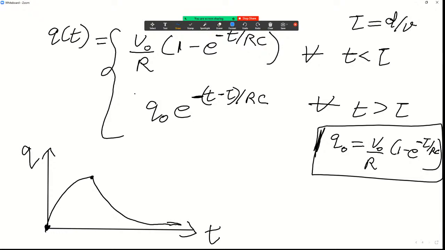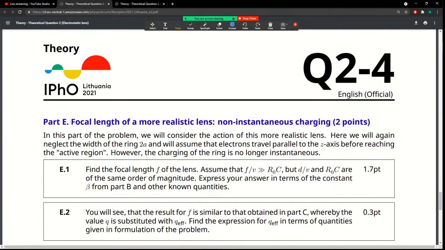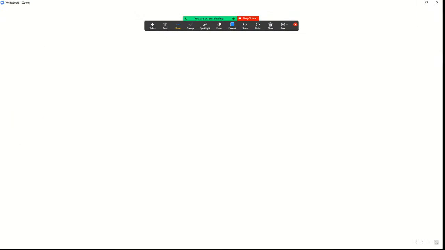Okay, no one's really saying anything, so maybe you can just go on to D3. Okay. There's no D3, it's just E1. Okay.